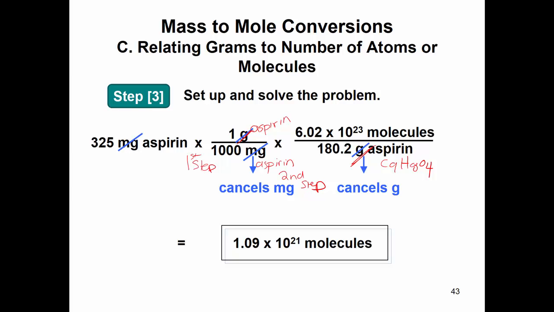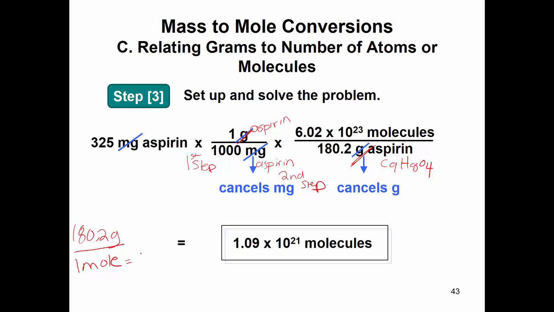So you convert 325 milligrams to grams, and then in the second step we use our common relationship where we added up the molar mass of aspirin, and we know that we have 180.2 grams per 1 mole always. That's what our previous video discussed.